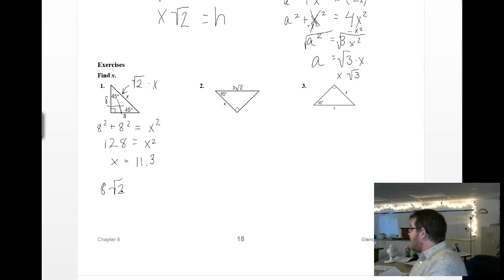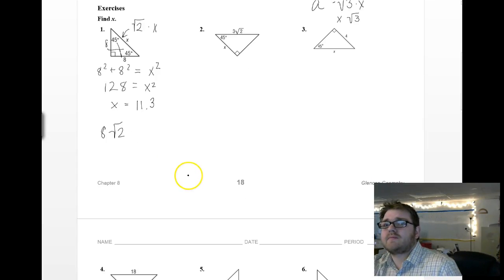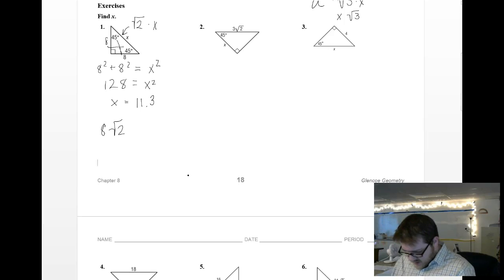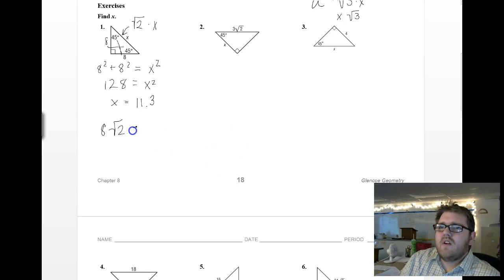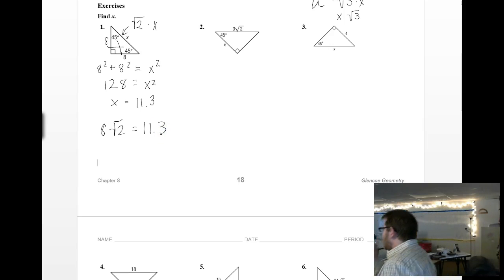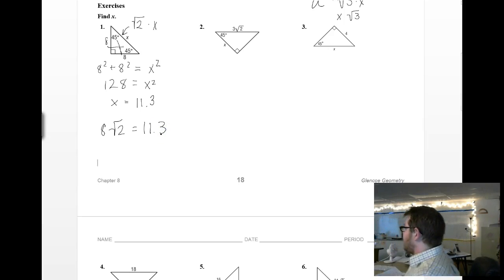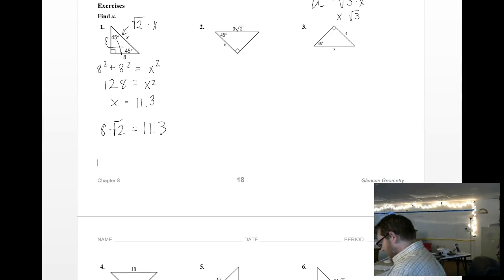And what's that in your calculator? So the same answer. So see how, because we knew this was a 45, 45, 90, we were able to do something in one step that could have taken us like 3 or 4.